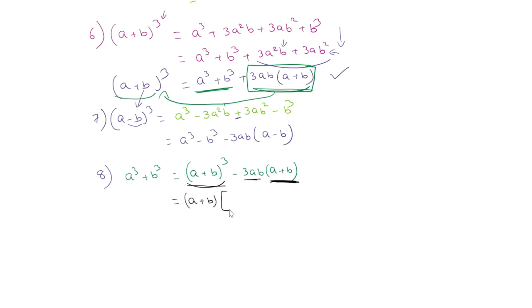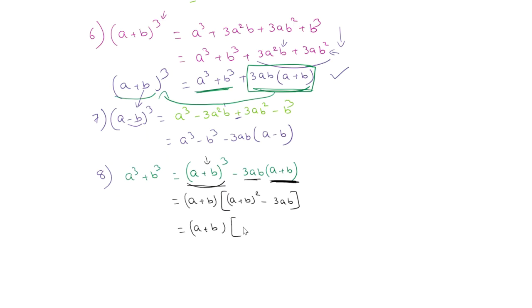If I take it common, what remains in the first position? a plus b whole square, minus, in this place it remains minus 3ab, since I have taken a plus b out. So it results in a plus b into a plus b whole square minus 3ab.